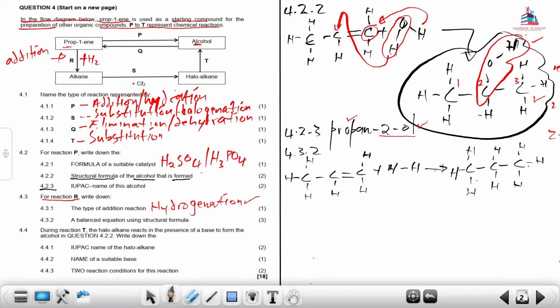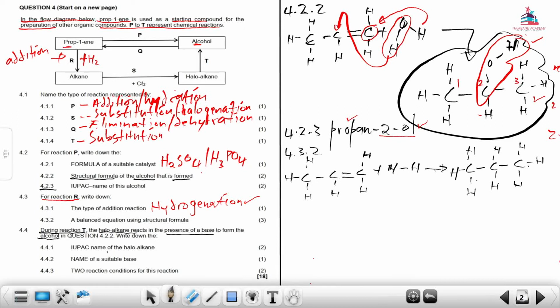If you use anything other than this, you forfeit marks, and losing marks is not what we want. Now it becomes easy to answer 4.4. It says during a reaction T, the haloalkane reacts in the presence of a base to form an alcohol.